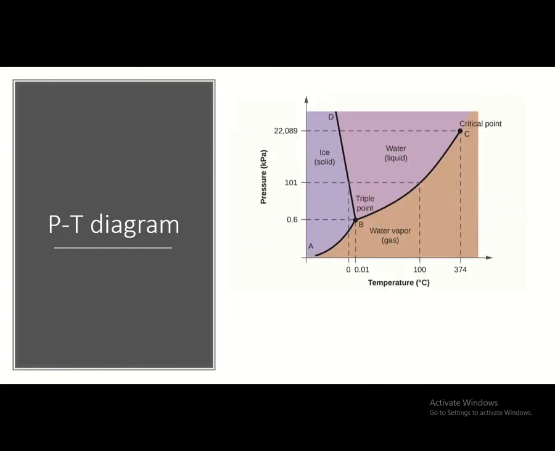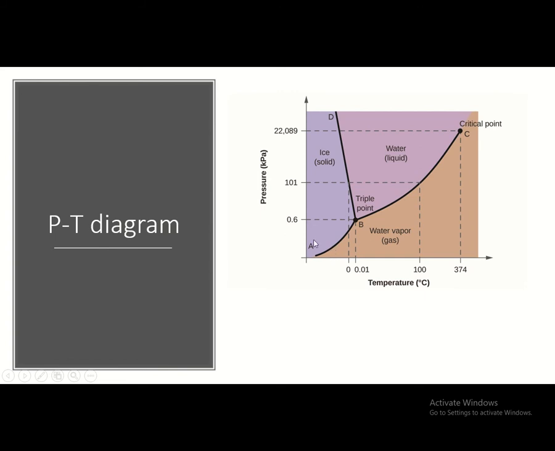To answer this question, we now have the PT diagram, which is perfect. On the horizontal axis we have the temperature, on the vertical axis we have the pressure, and this one is independent from the volume.